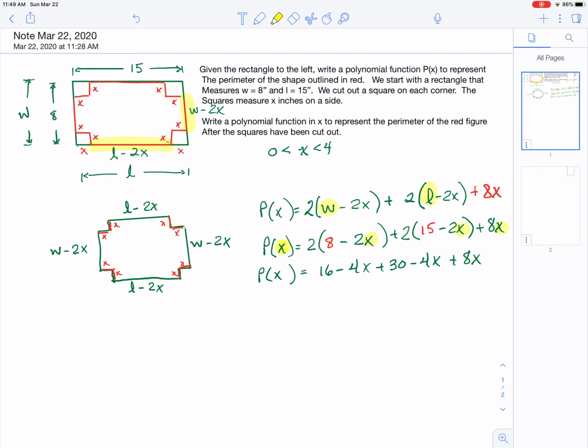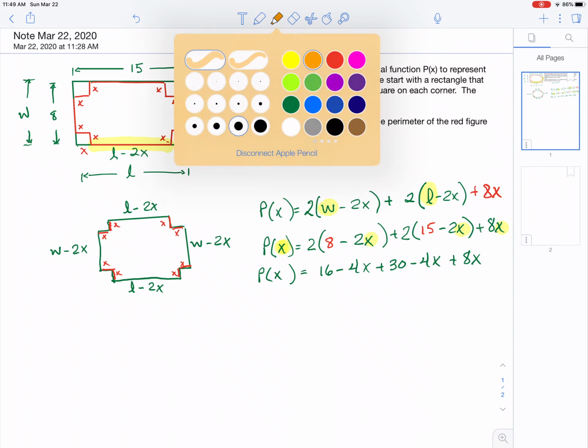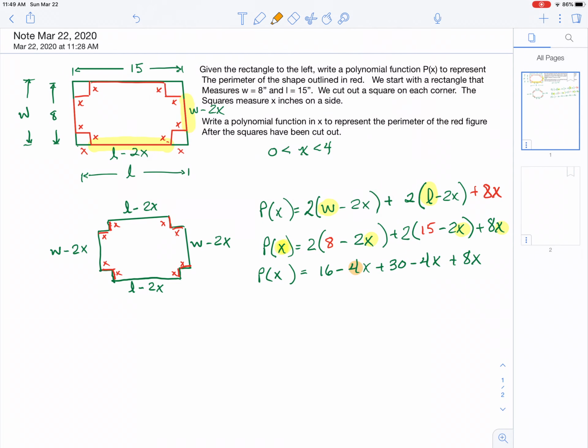And I'm noticing here that I have several x terms. So I'm going to combine those x terms, and as I look at the combination of those x terms, I believe that all adds up to 0x. So we end up with just a number, and that number looks like it's going to be 46.